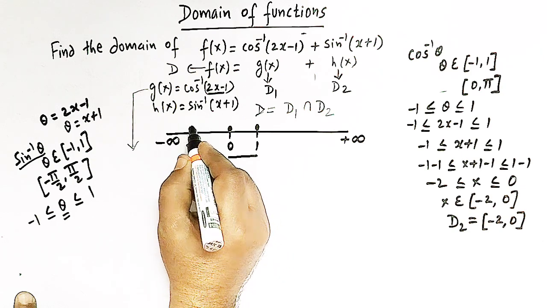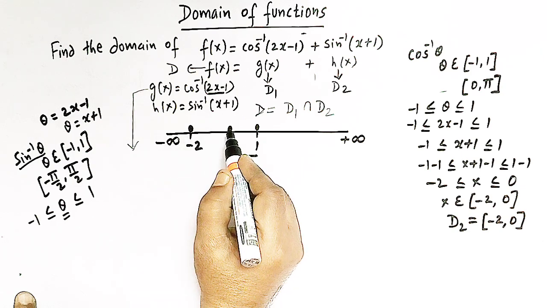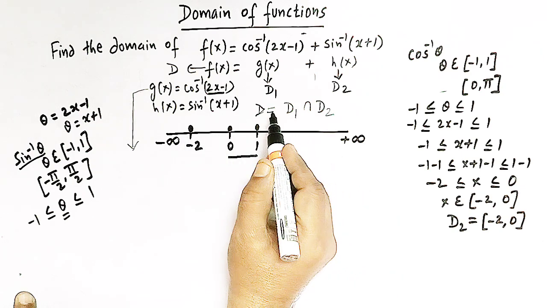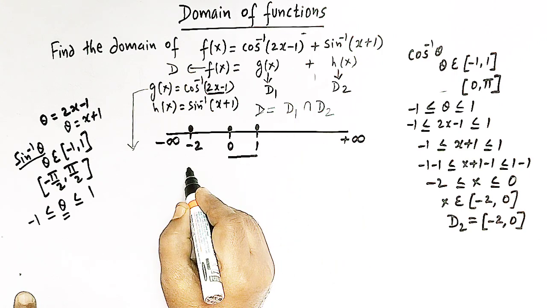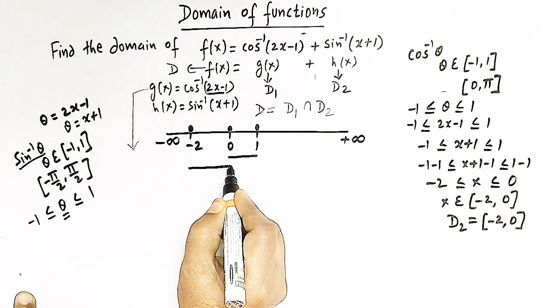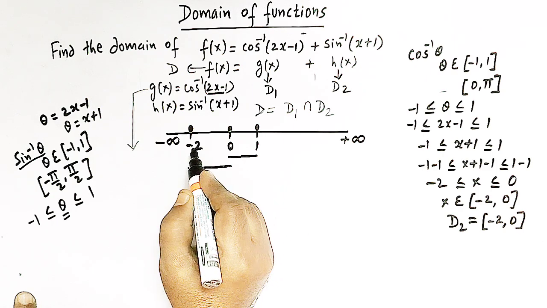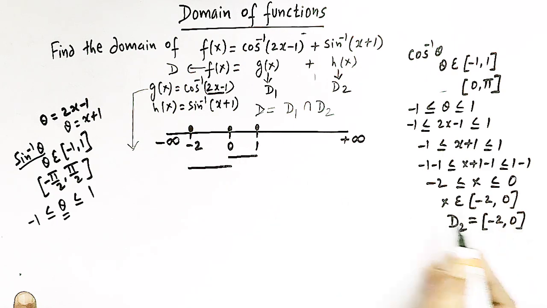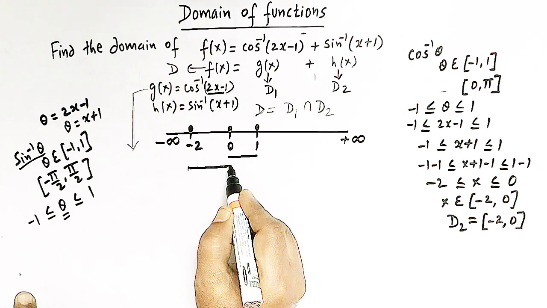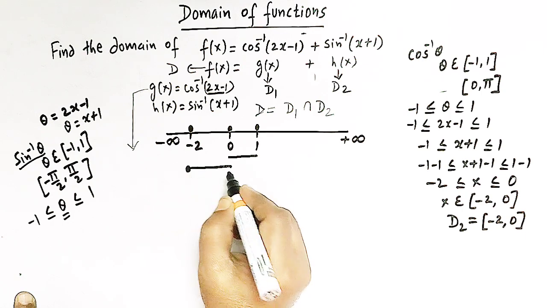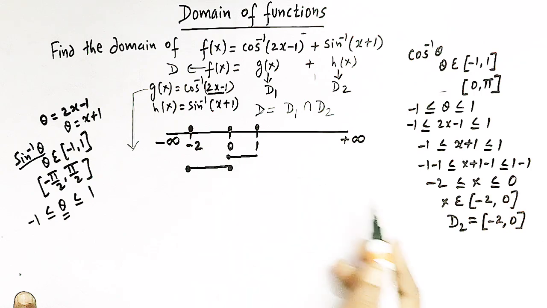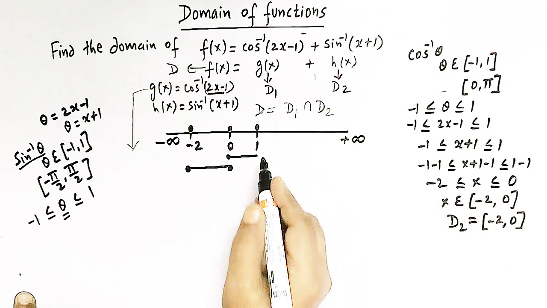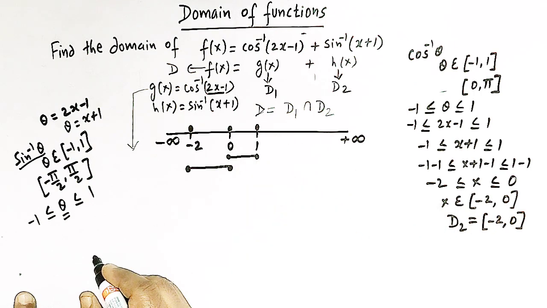So here we have minus 2 included, and 0 is already included in the domain d1. So minus 2 to 0 may be represented like this, and here both the endpoints are included, and similarly here 0 and 1 are also included, right?